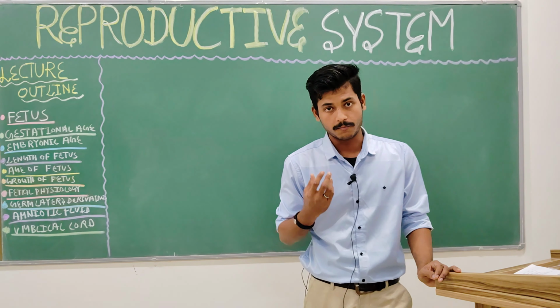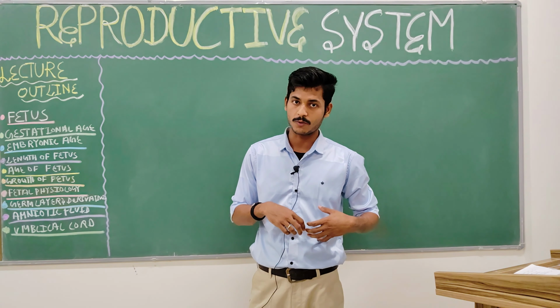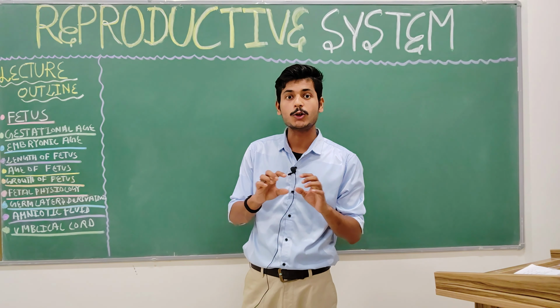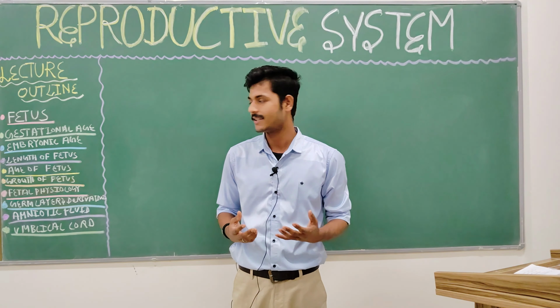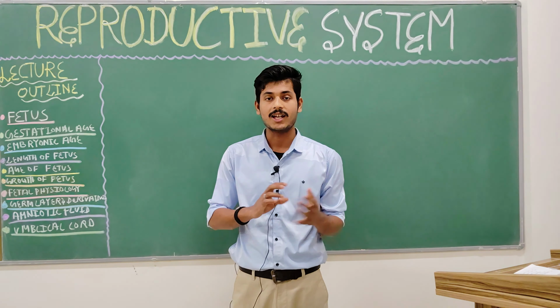but now it's time to discuss the developing fetus. Here is today's lecture outline. First we will understand what is meant by the fetus, then the gestational age: how the age of the developing fetus is determined while it is inside the mother's womb, and how we can calculate it. Then we will see the embryonic age, and how the length of the fetus is measured.